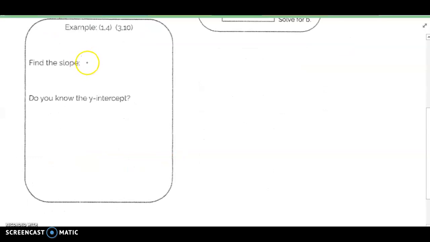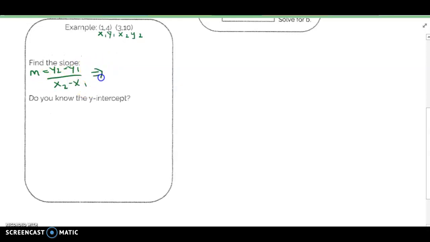All right, so let's look at this example. Okay, first thing we need to do is find the slope. All right, so we have 2 points here. Okay, so this could be our x coordinate of point 1, y coordinate of point 1, x coordinate of point 2, y coordinate of point 2. Now the slope formula is m equals y2 minus y1 over x2 minus x1.